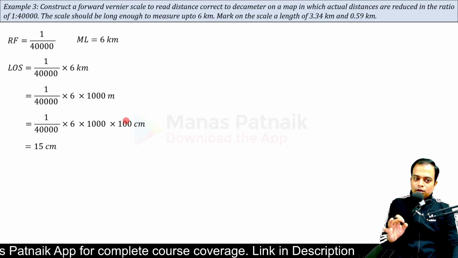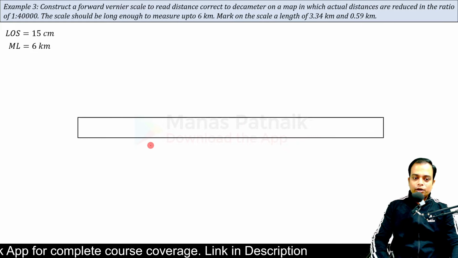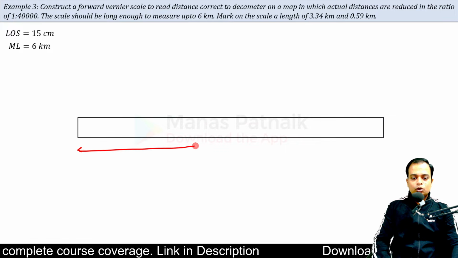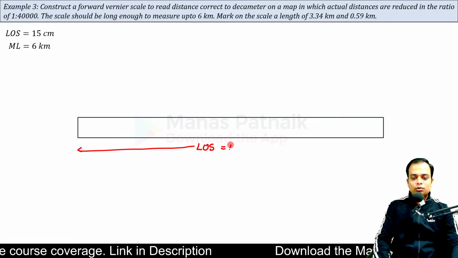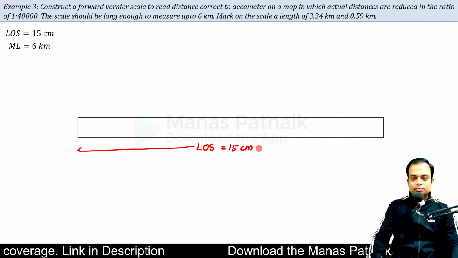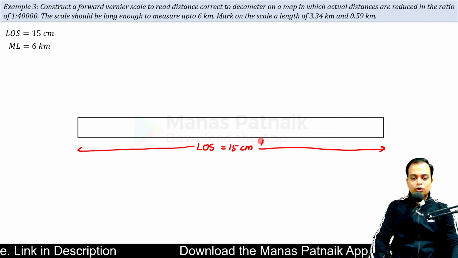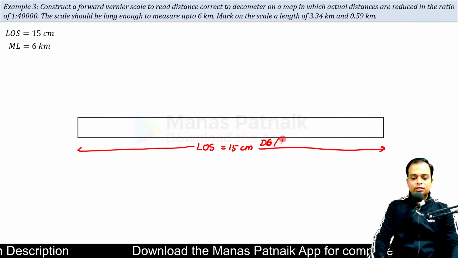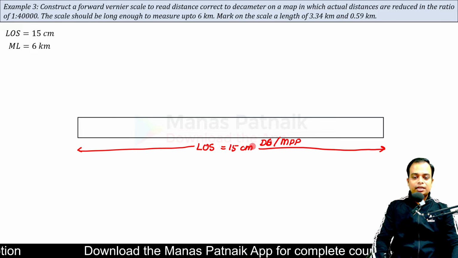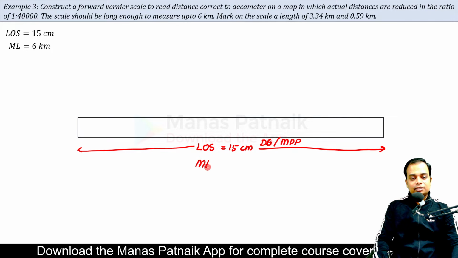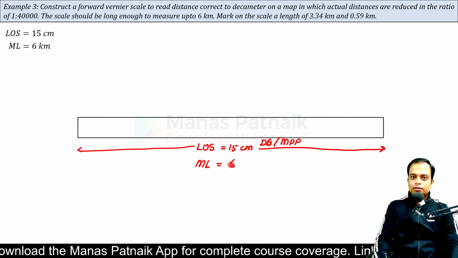Wonderful. Now with this length of scale, what you need to do is you need to draw a line. Length of scale is equal to 15 centimeters. This is on your drawing sheet, or you can say your map. But in reality, you know very well that this represents a distance of 6 kilometers.